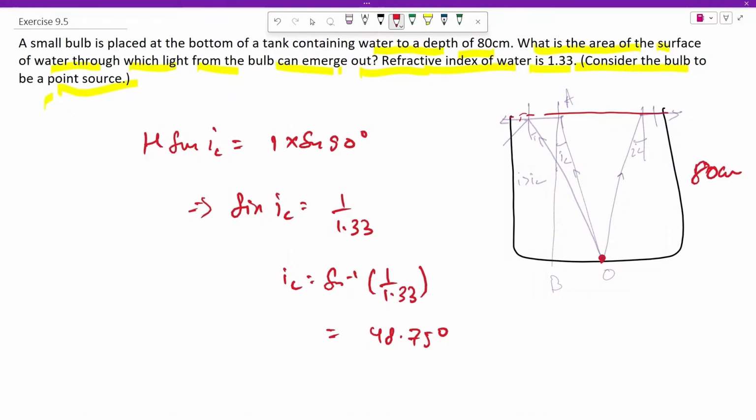So we have got the value of IC in this triangle AOB. Now in order to find this area, we must know the radius, that is OB. The radius OB can be found using the trigonometric relation tan of IC, which would be equal to the perpendicular, that is OB, divided by AB.